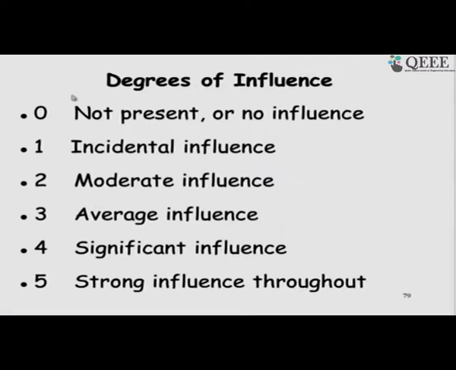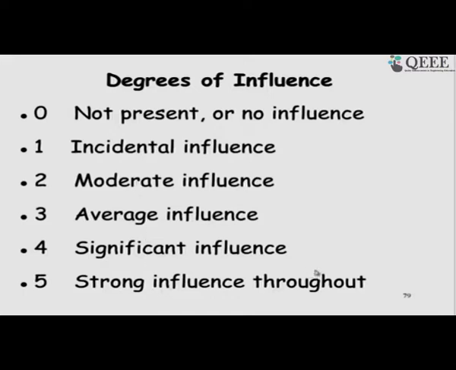So, 0 to 5 for each of those factors, how much they influence the development complexity. That is called the degree of influence. If it is 0, then it is not present, then these are progressively larger influence on the system and strong influence throughout.